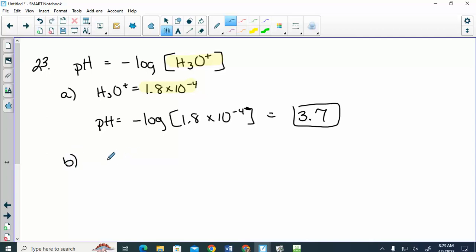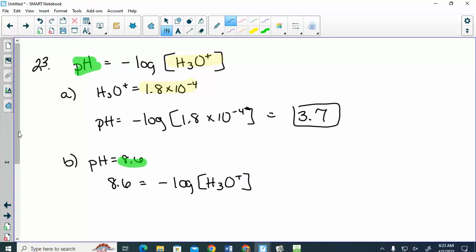On B, this time it gave us the pH. It was 8.6. So in our equation, we are plugging that in for the pH. Let's say 8.6 equals negative log H3O plus.